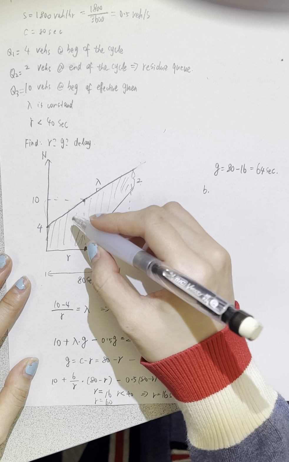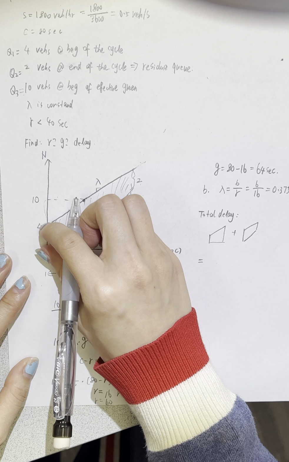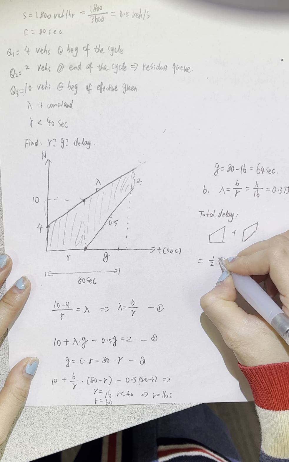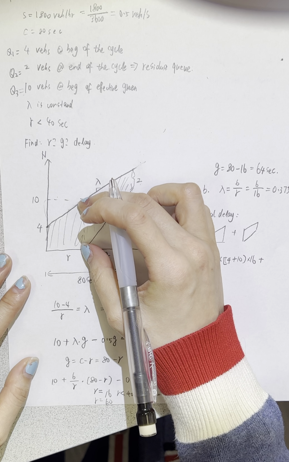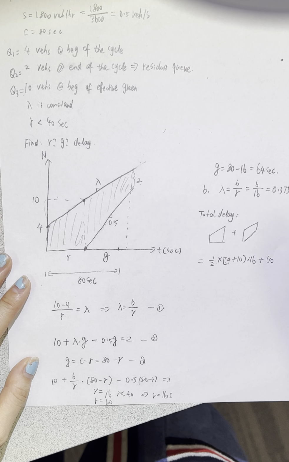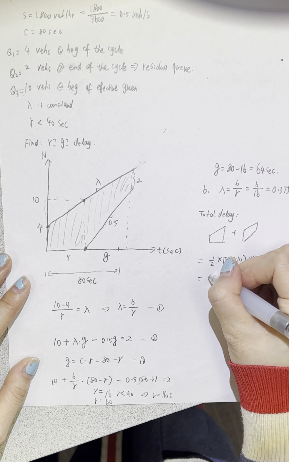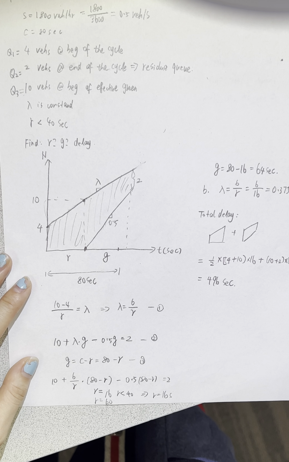The first one is this, and the second one is like this. So it equals 4 plus 10, times the height here, which is 16, plus the other one, here is 10 and here is 2, and the height here is 64. This gives us a total delay of 496 seconds, and that's for problem 2.